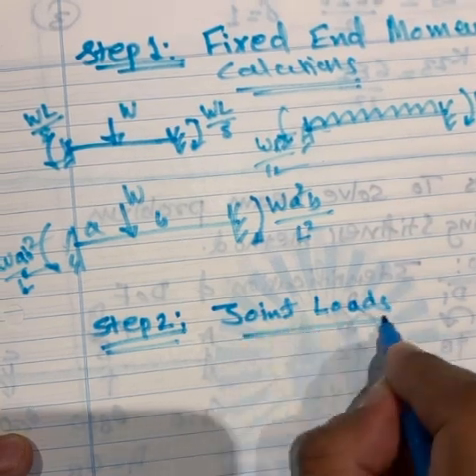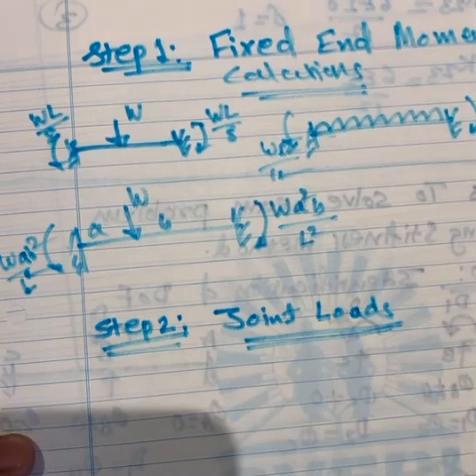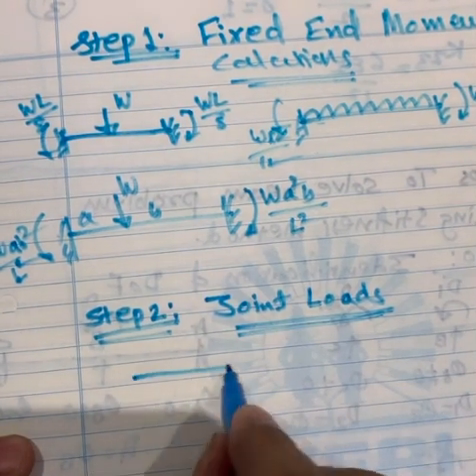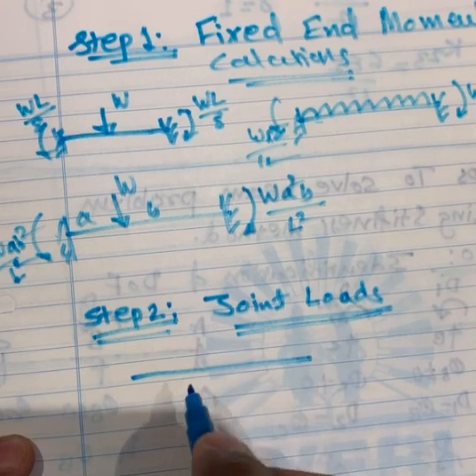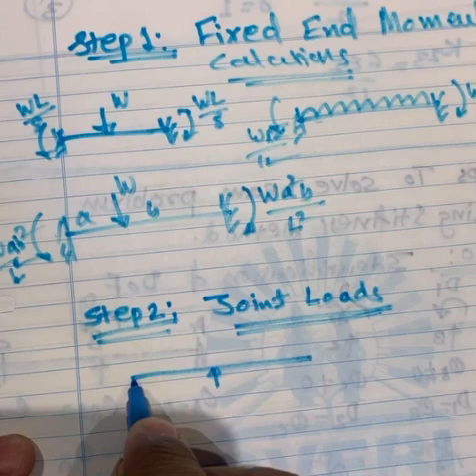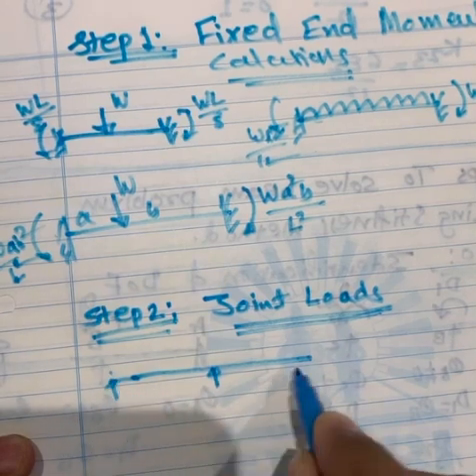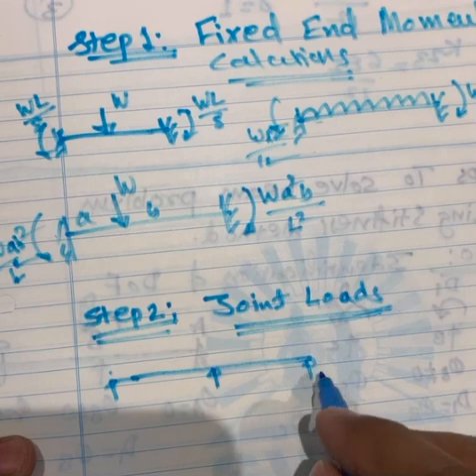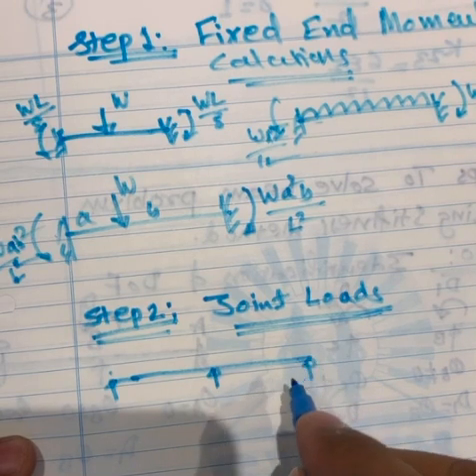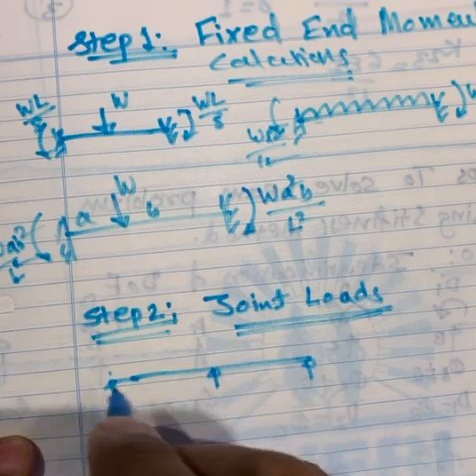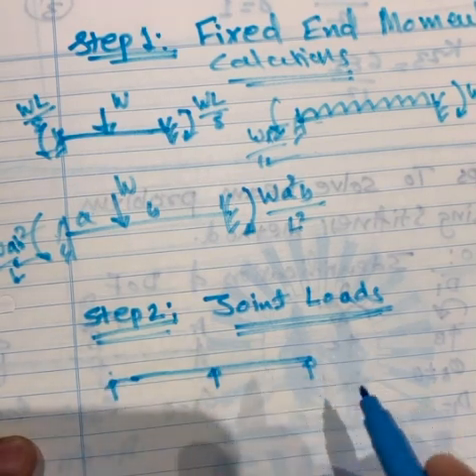Joint loads is step number 2. So in this case, what are we doing? Suppose we take this beam, a 2 span beam, and we have to find out how many joint loads there will be.